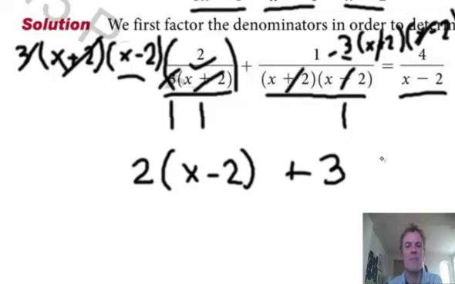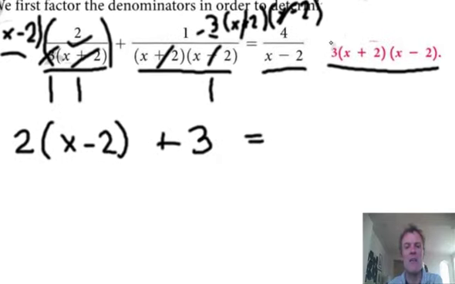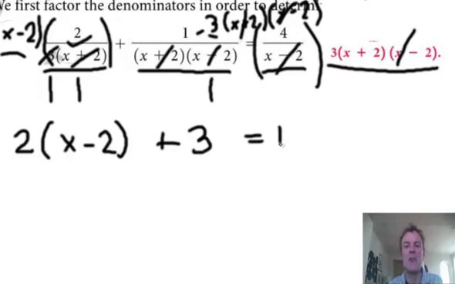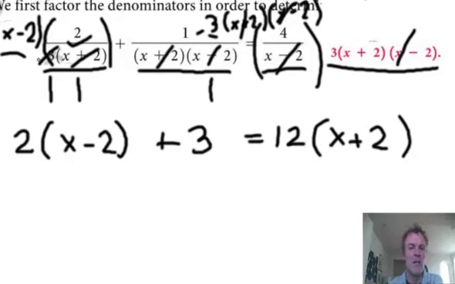Now imagine this is what I'm multiplying by. Just the x minus 2 will cancel on the top and the bottom. So what I'm left with is a 4 and a 3. Let's make that 12. 3 times 4 is 12. And still this x plus 2.